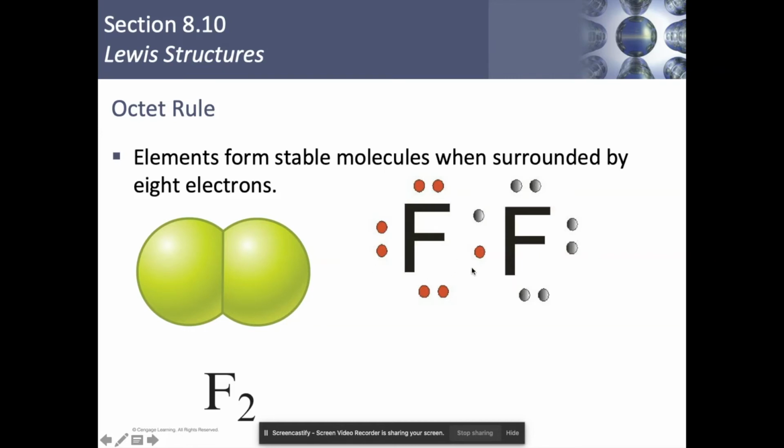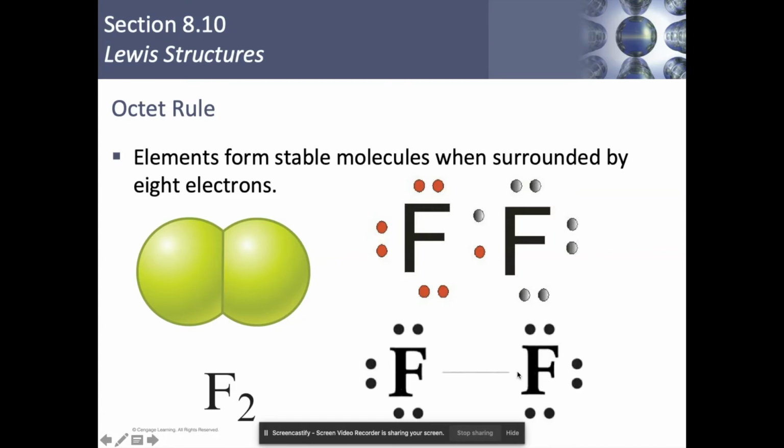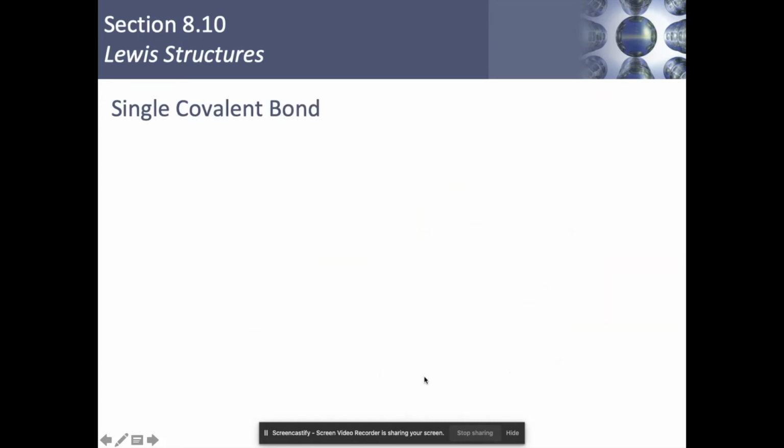If this one has 7 and this one has 7, they can each share an electron, a piece here, and now this becomes a bond. And notice that this one has 2, 4, 6, plus these 2, 8, so an octet. This one has 2, 4, 6, 8. This one also has an octet. So these electrons are free to spend time around this fluorine or to spend time around that fluorine. But either way, you have an octet now.